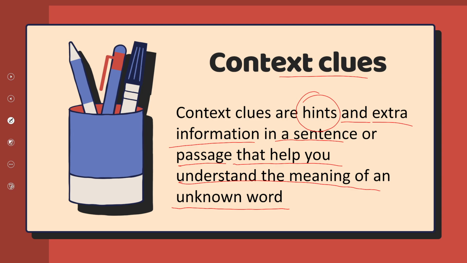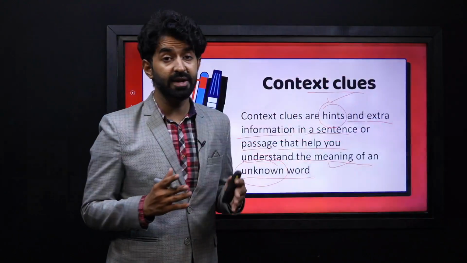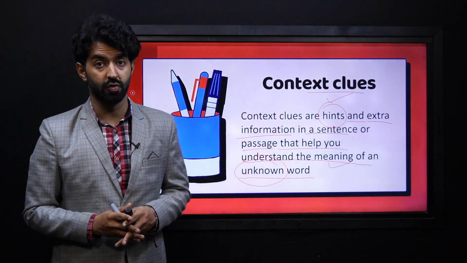So context clues are basically hints, and they give you extra information in a sentence or any passage or paragraph that you're reading, and it will help you understand the meaning of an unknown word. So such hints are called context clues.